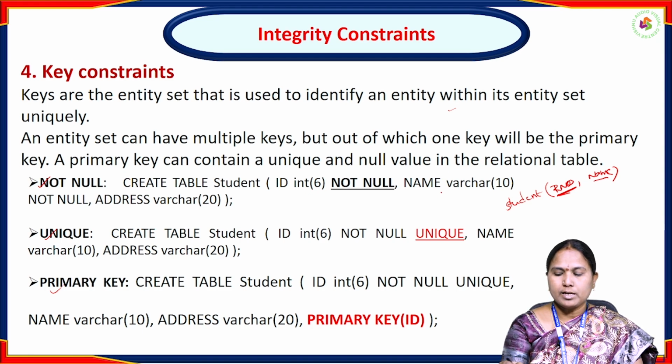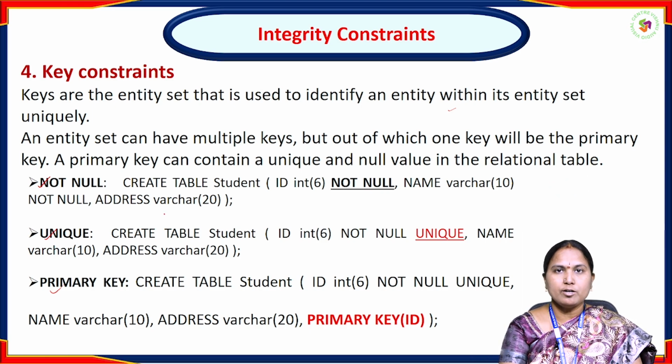Coming to the next one, name. Name comes under the character data type, varchar, and it also comes under not null. Definitely we should define the name column with a value so that not null will work. Address varchar. So this is the not null assignment. If you are entering a null value, automatically this value is opposed.